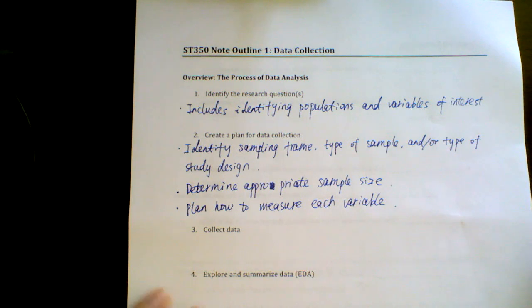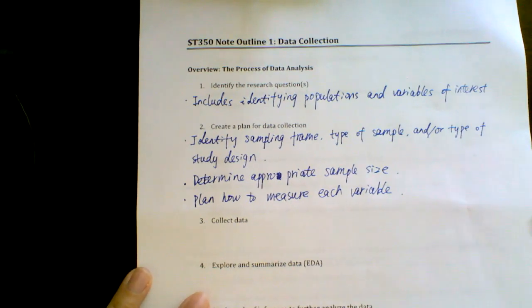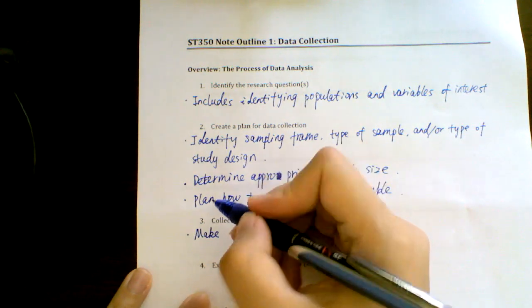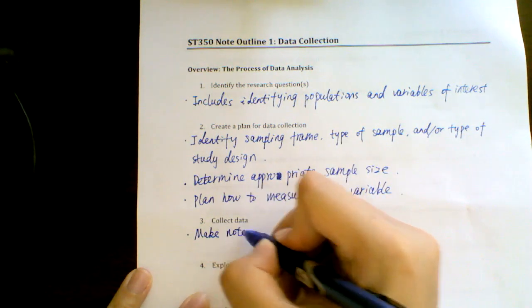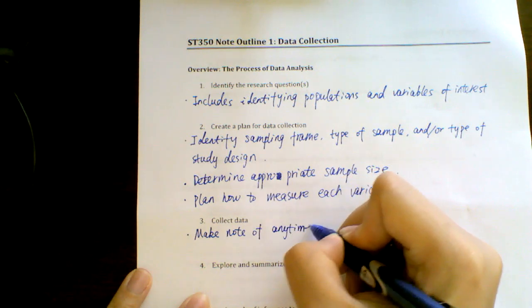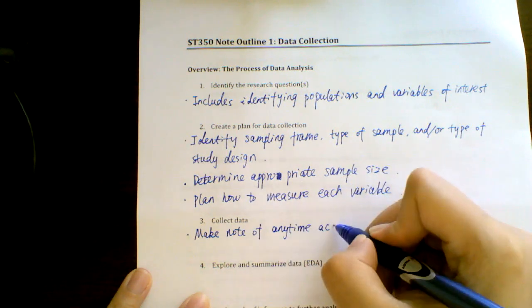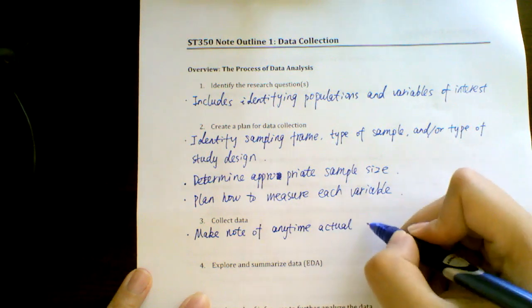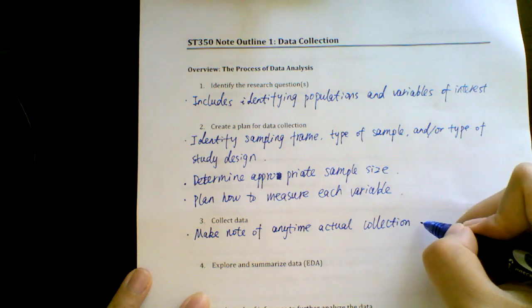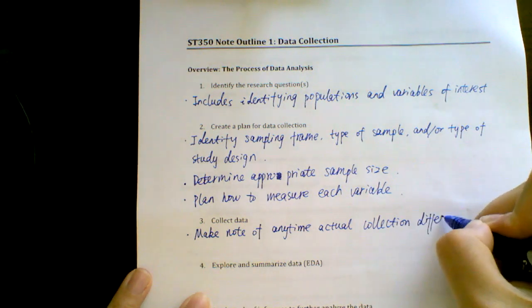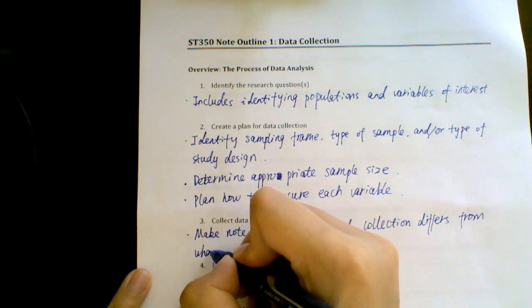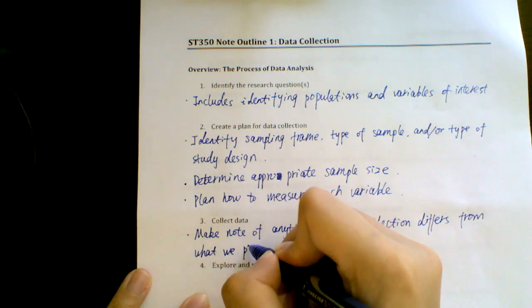The third step is to collect data, which is we are going to make note of any time the actual collection differs from what we planned.